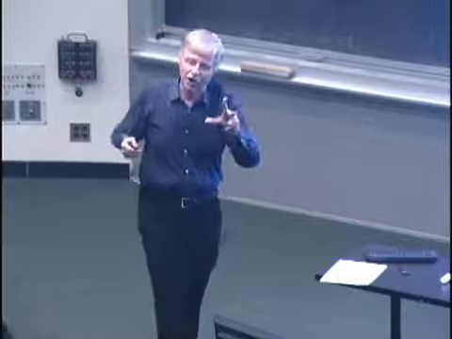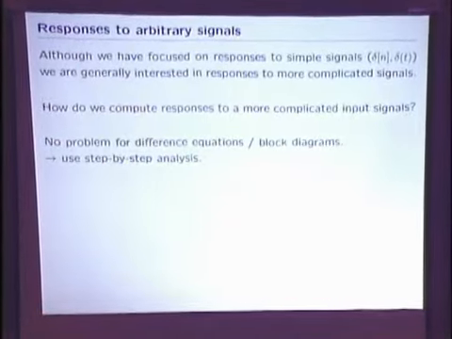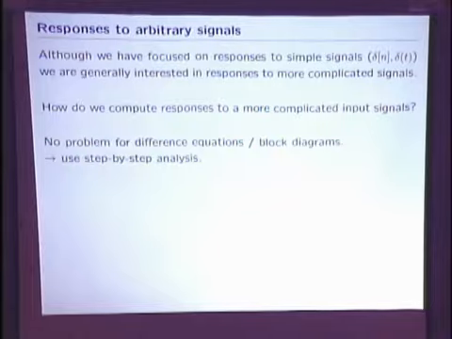So far we have focused on the responses to the most elementary kinds of signals: unit sample signal, unit impulse signal. But generally speaking, we're interested in much more complicated signals, as you've already seen. I've already asked you to calculate things like unit step responses. So generally, we're going to be interested in the responses of systems to much more complicated signals.